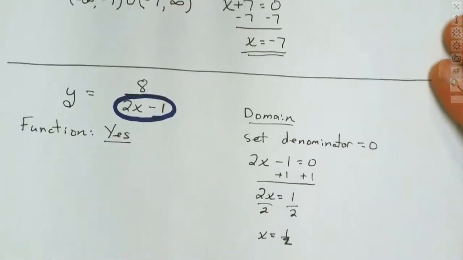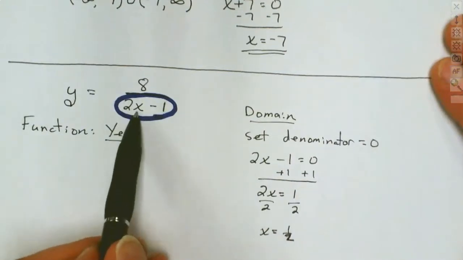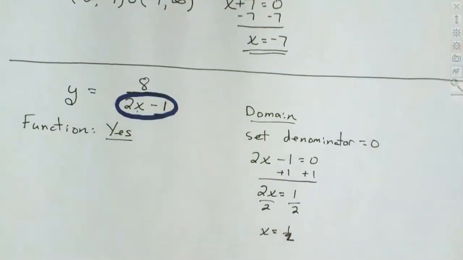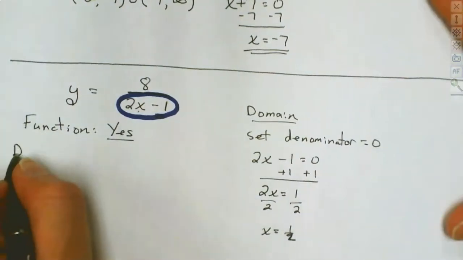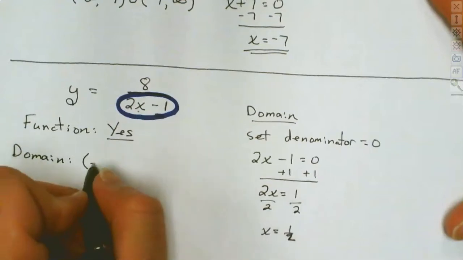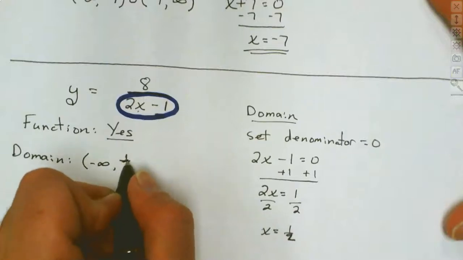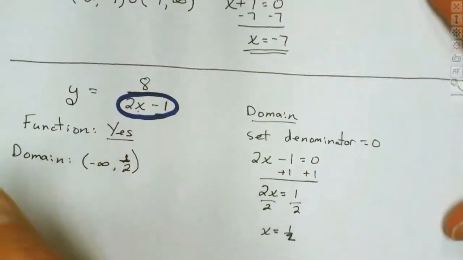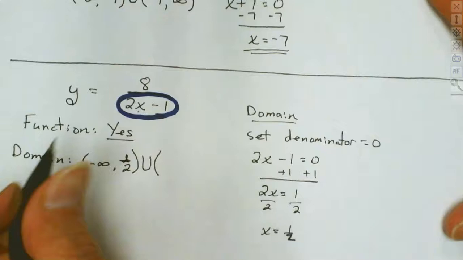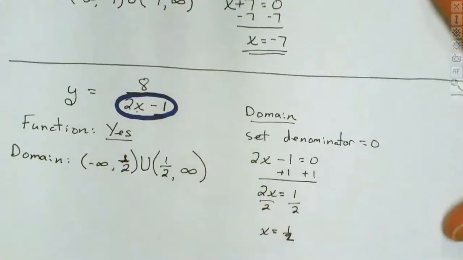And that half is not going to work because 2 times a half is 1. And 1 minus 1 would give you what? 0 down below. And I cannot have that. So what would your domain then be? Well, my domain would be negative infinity to 1/2, union, 1/2 to positive infinity.